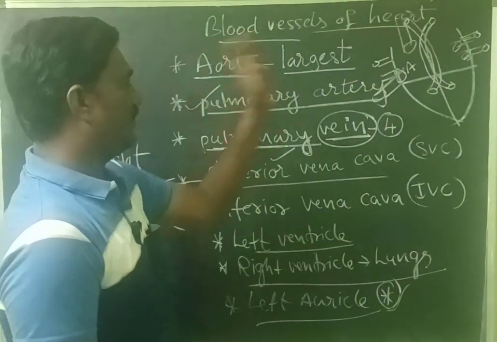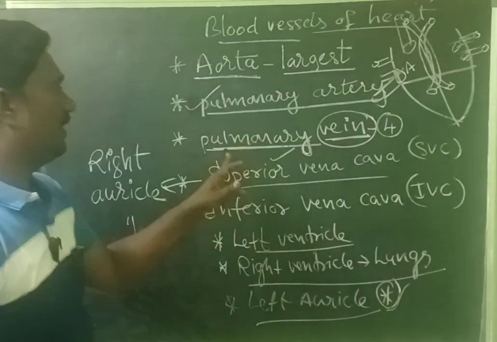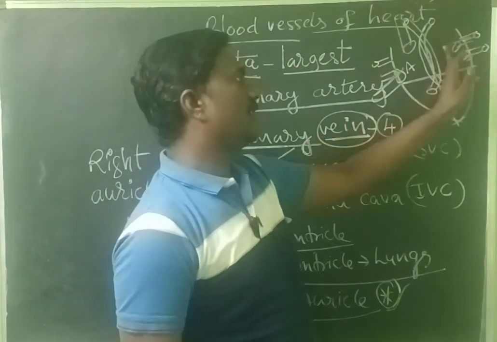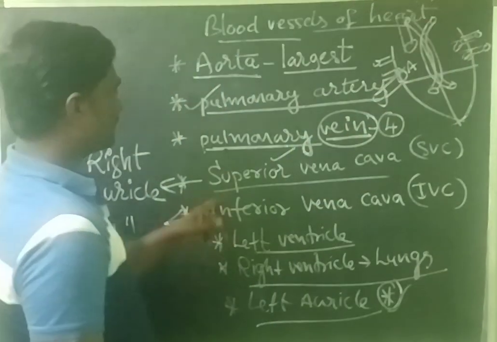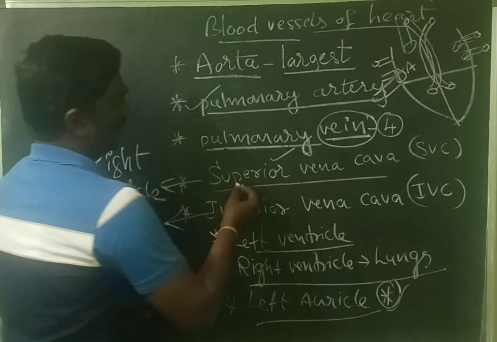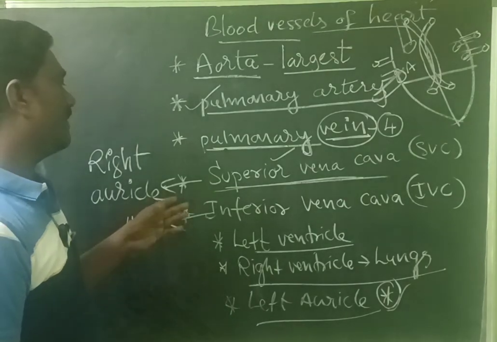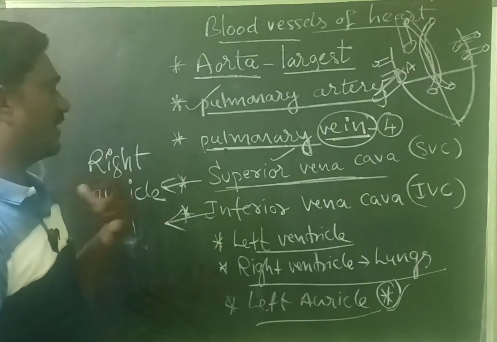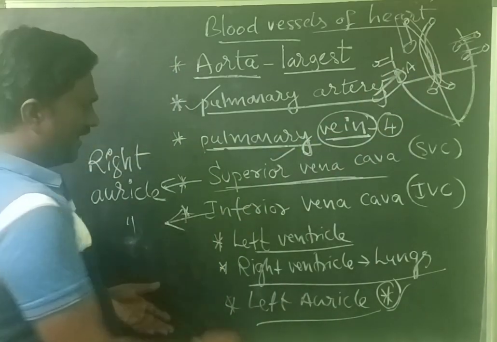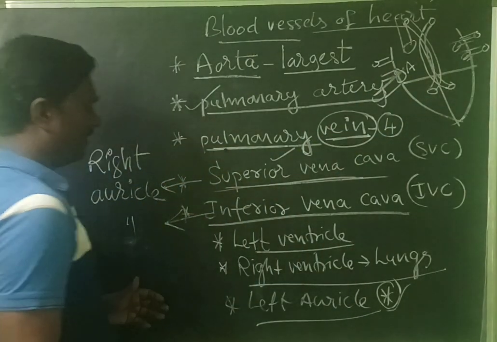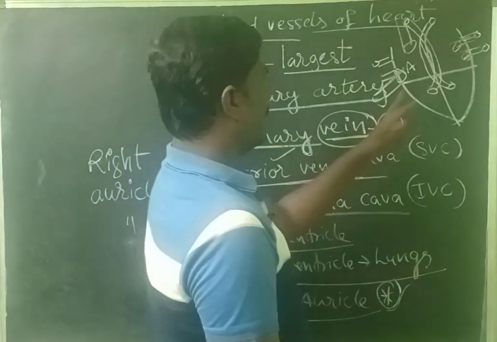Pulmonary veins are from the lungs, a pair from each lung, and open into the left auricle, atrium. Next, superior vena cava from the above parts of our body, the head, neck, thoracic, opens into the right side auricle, atria. Inferior vena cava collects impure blood from the lower parts of our body and also opens into the right auricle.